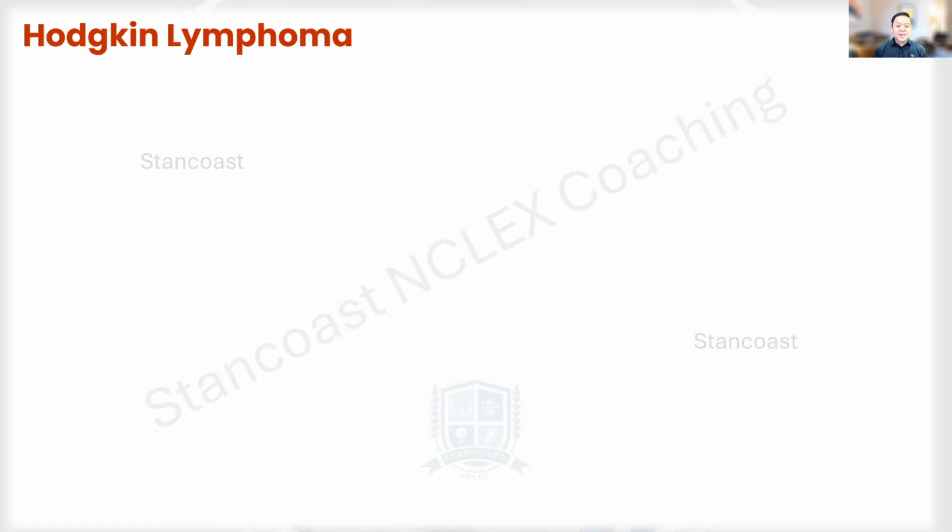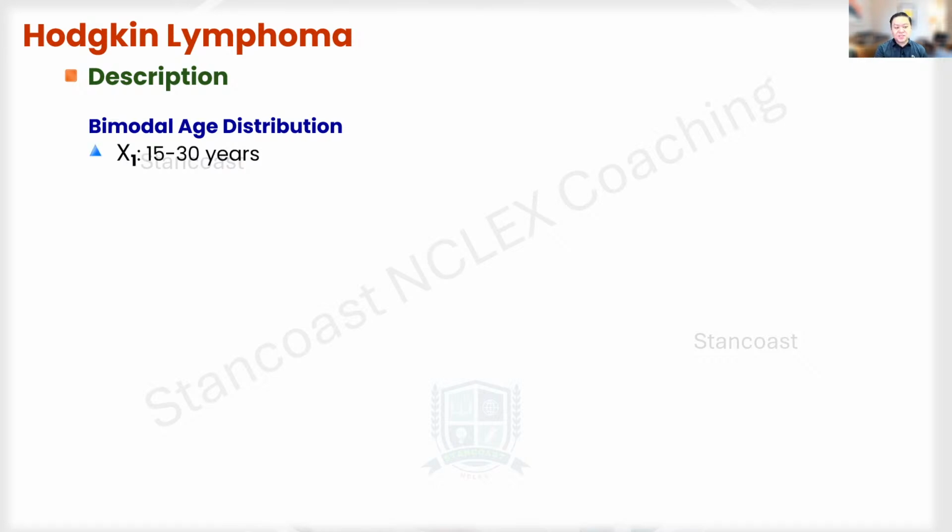And here's what you really need to know about the disease itself. When we are talking about the age distribution, Hodgkin lymphoma can affect two main age groups. Here you will see the first peak is 15 to 30 years old. These are the young adults that can be at risk of developing Hodgkin's lymphoma.